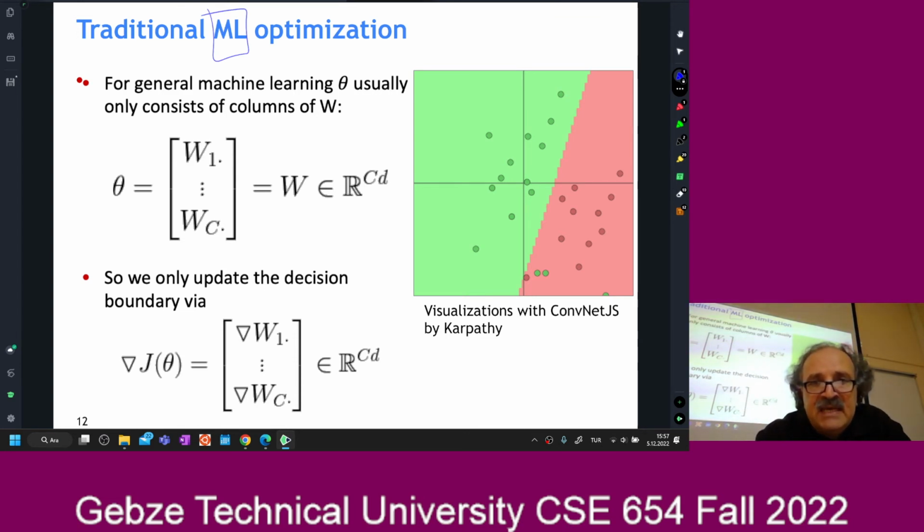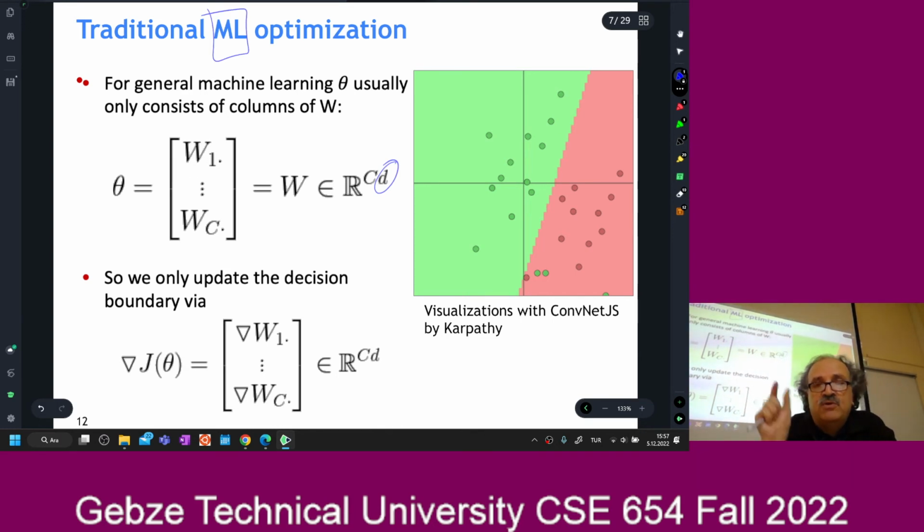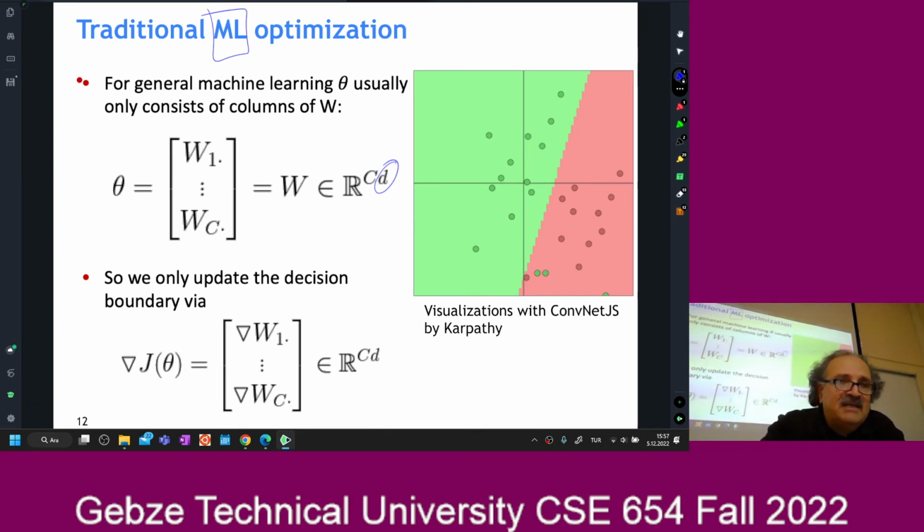In this case, D elements, a D-dimensional world. In this case, it's a 2-dimensional world. Each W is going to contain 2 elements. There are C classes. If I multiply my input with this parameter set, I will get my softmax results.